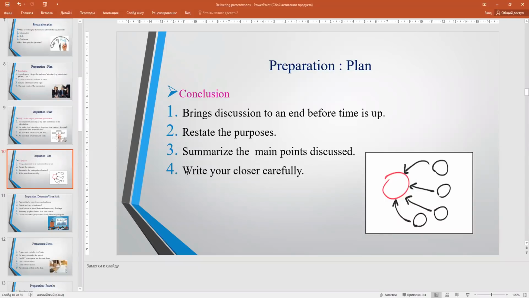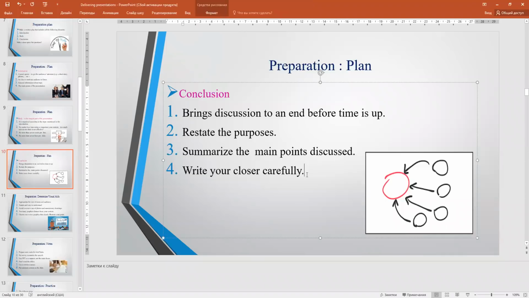And then finally, you should write your closer carefully. Make sure your closer is polite and also informative, so that your audience gets attracted to you.